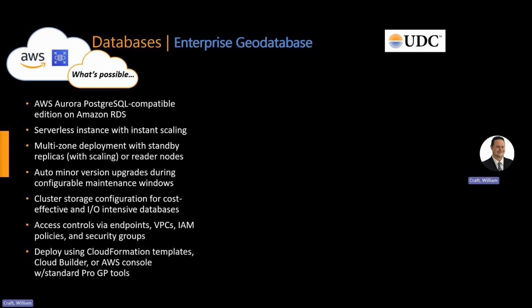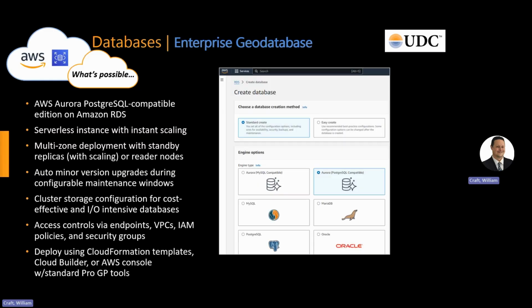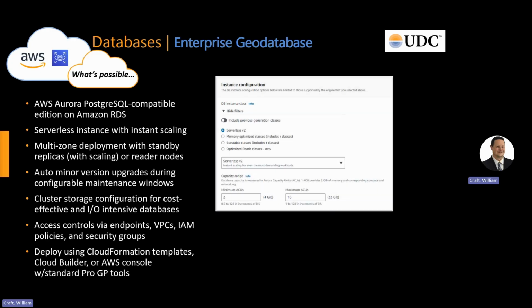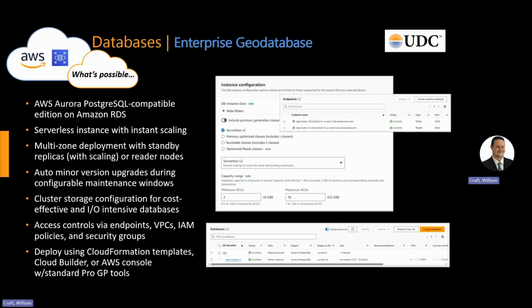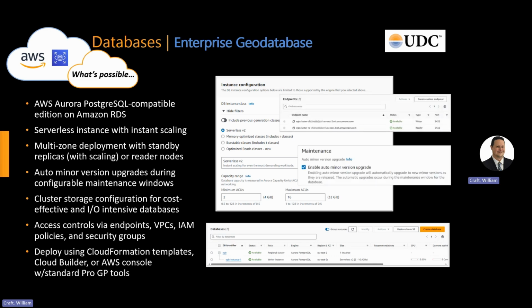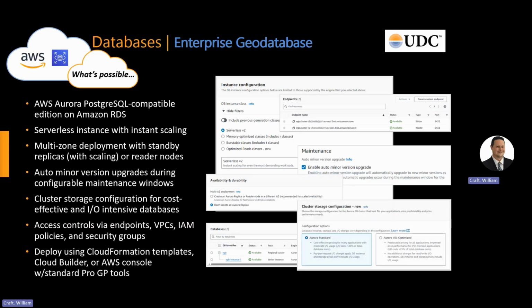So our deep dive begins with the database component of an enterprise system, specifically for enterprise geodatabases. The ArcGIS platform supports several different databases hosted in the cloud. We took a closer look at Aurora Postgres Compatible Edition from AWS Relational Database Services, or RDS. It's a great serverless option that offers auto-scaling and multi-zone deployments with standby replicas.